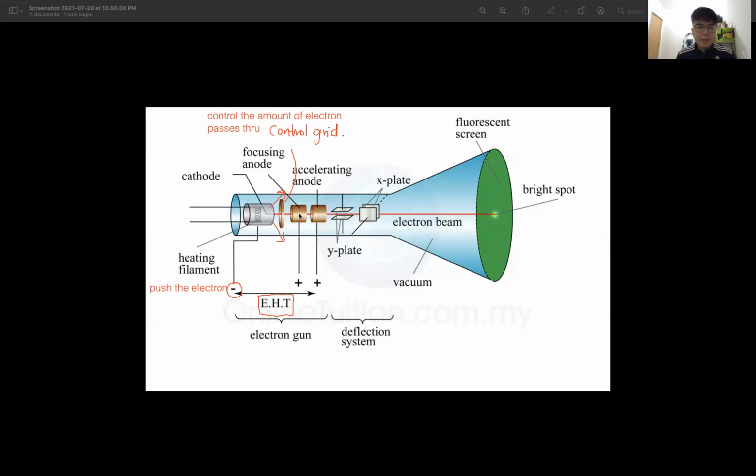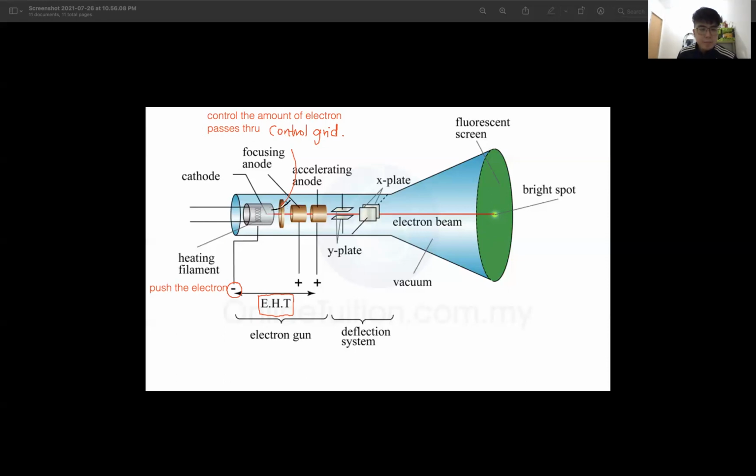Okay, the next one you can see is focusing anode. Okay, focusing means that it focuses the electron, right? When the electron goes through the control grid, it goes like this. Okay, I'm not sure if you can see my drawing. Okay, the electron goes like this.